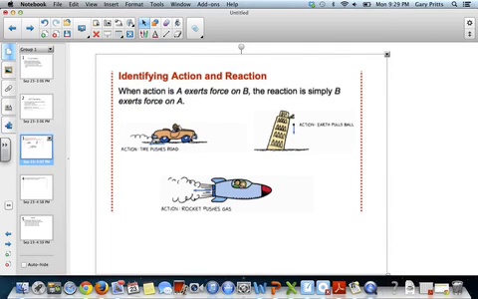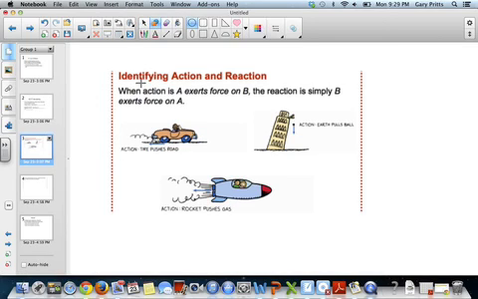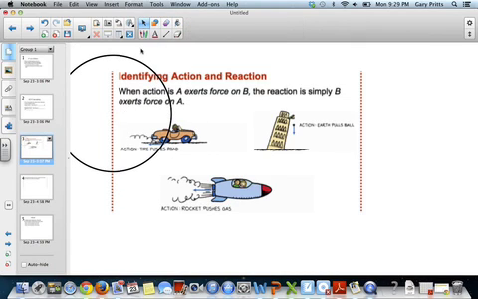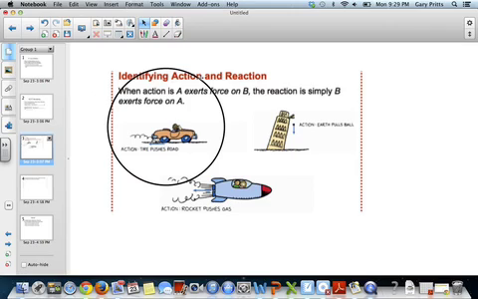All right, so your first object here, let's look at this one. You've got the action is the tire pushing on the road, all right? And if you have tire pushing on the road, that is your two objects right there. So let's go and let's fill these in.